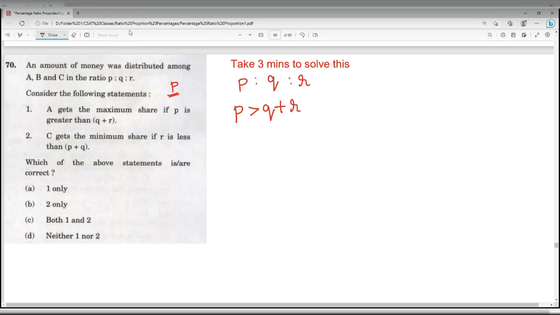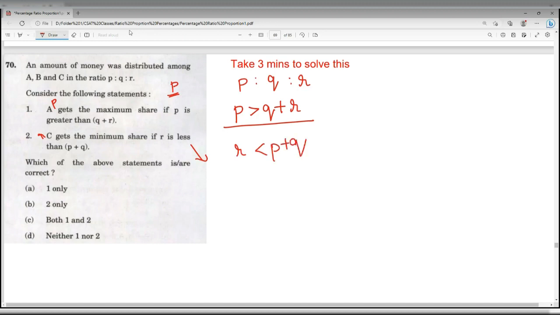And if P is greater than Q plus R, then it automatically means that P is greater than Q and R. And they are saying that C gets the minimum share if R is less than P plus Q, because C's share is R and A's share is P, since A, B, C have got it in P, Q, R.